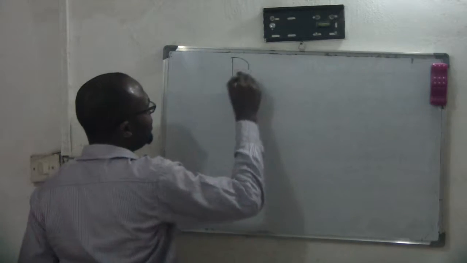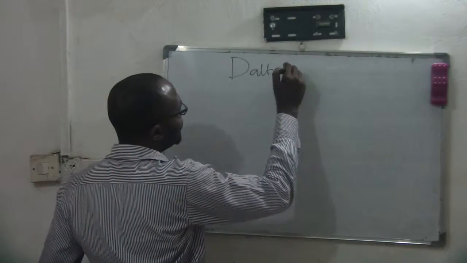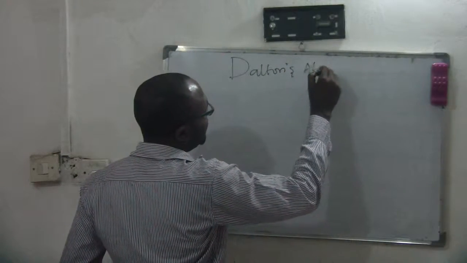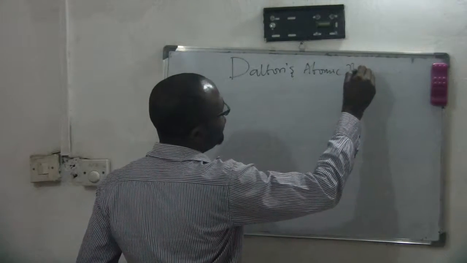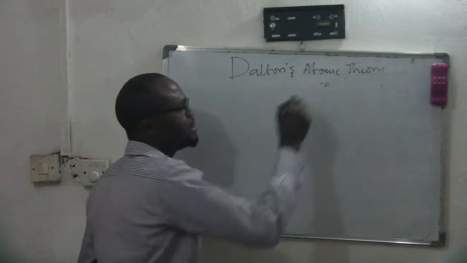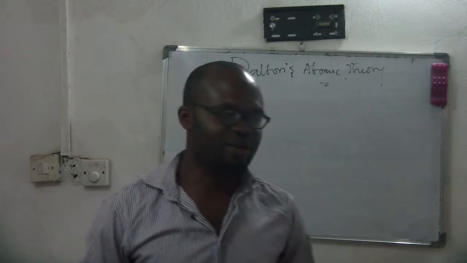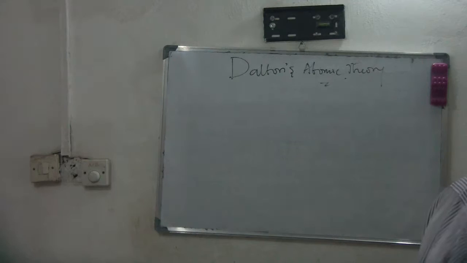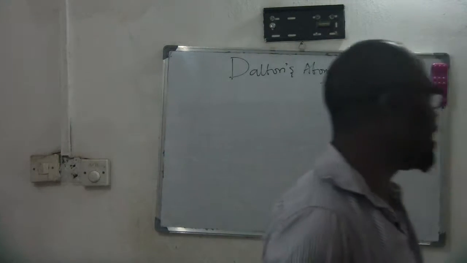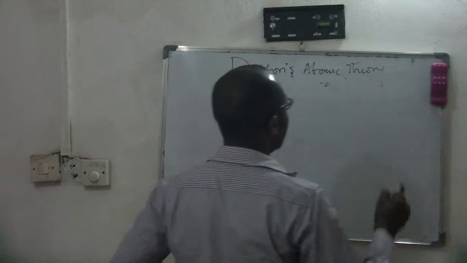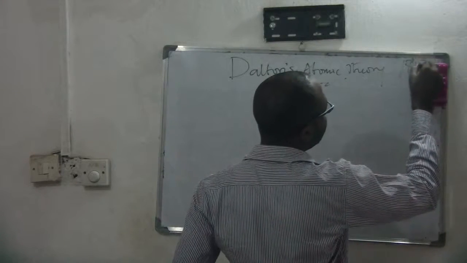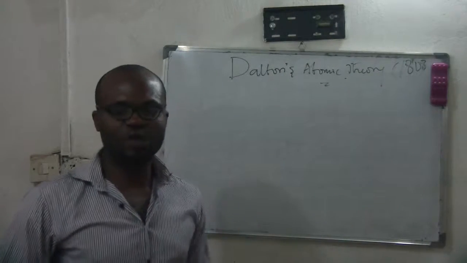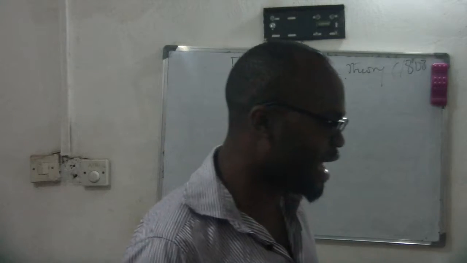So we are going to look at Dalton's atomic theory. We're going to be looking at it because it's a very important aspect of understanding what the atom is. This man is an English scientist and he did this in the year 1808. In the year what? 1808. English scientist known as Dalton.